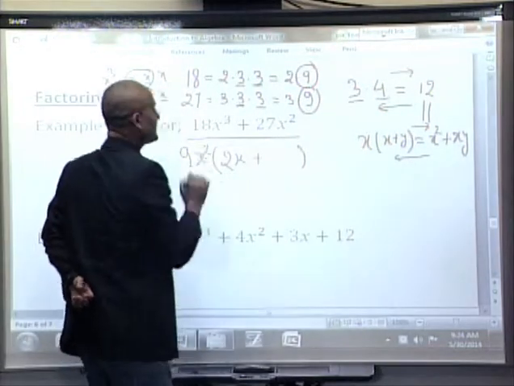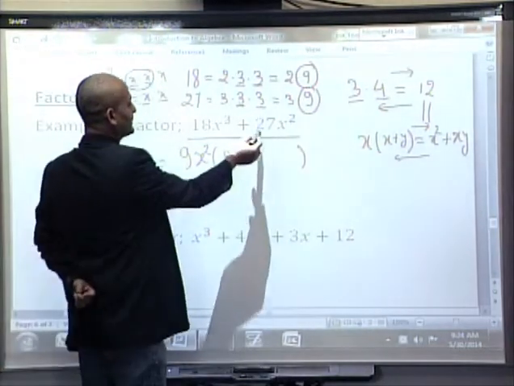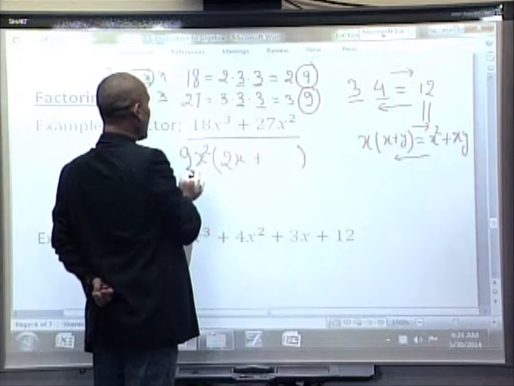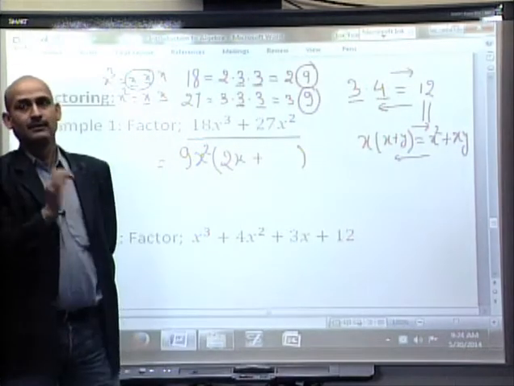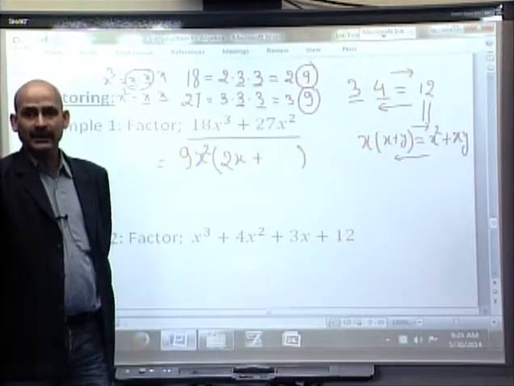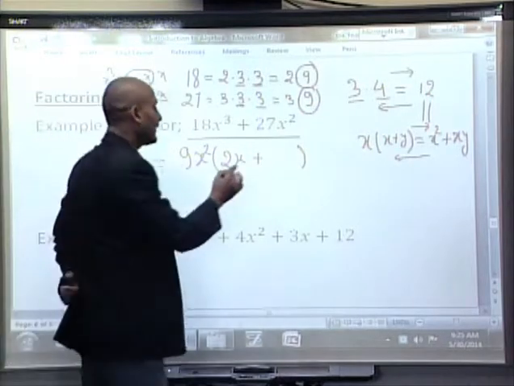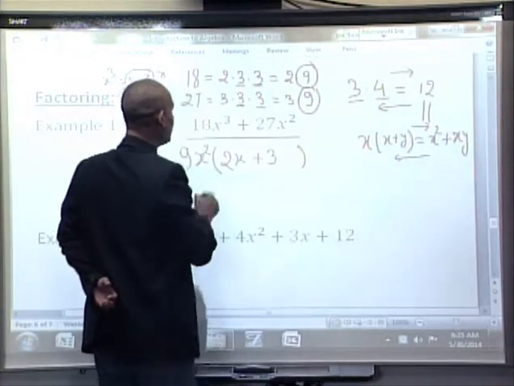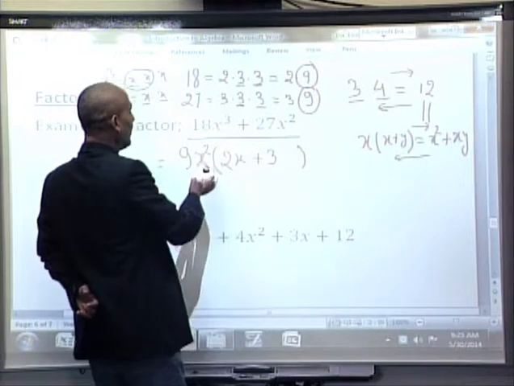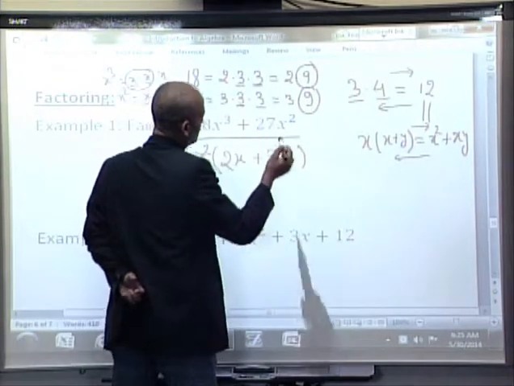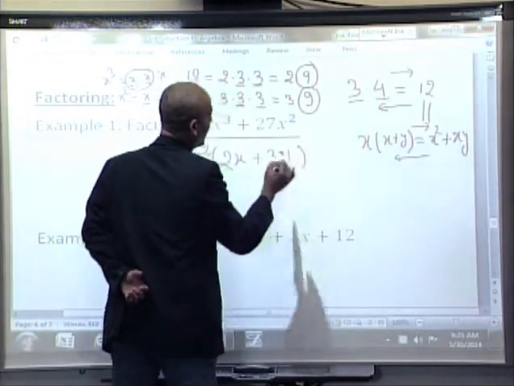The plus or minus sign remains the same. Now the same thing: out of 27, 9 is already factored out. 27 is 9 times 3, 9 is already taken care of, so the leftover is 3. Out of x squared, all of the x squared is taken out, so you may say the leftover is 1.